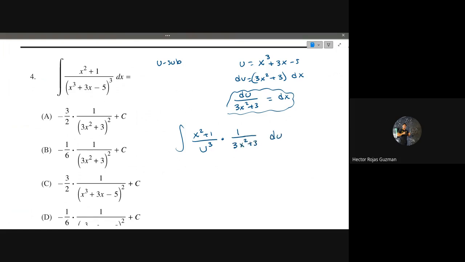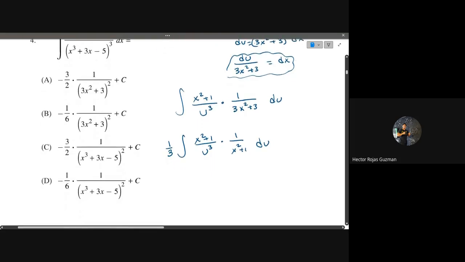Now, normally when you do u sub, we can already cancel out any common terms, but right here, we don't really have any common terms unless you factor out a 3, or technically a 1/3. We're going to factor out a 1/3 from this guy right here. And it's going to be 1 over x squared plus 1. That's going to allow me to cancel out the x's.